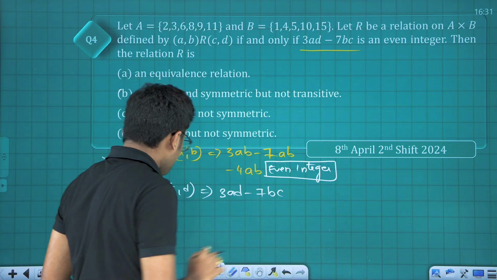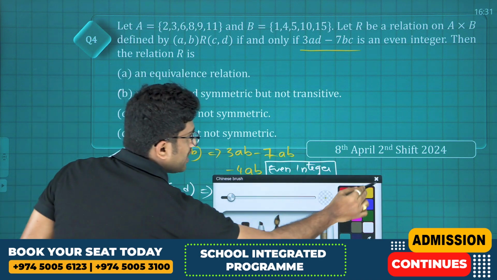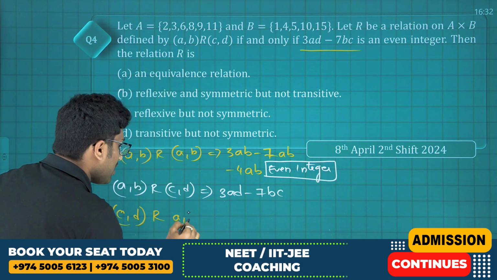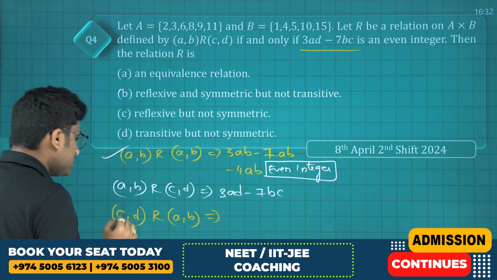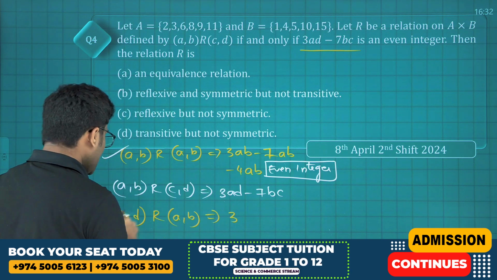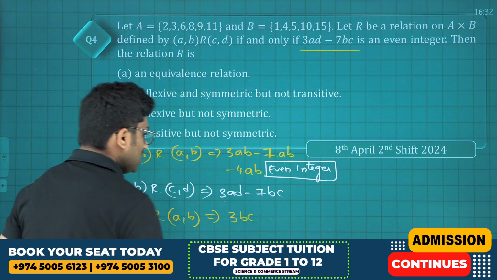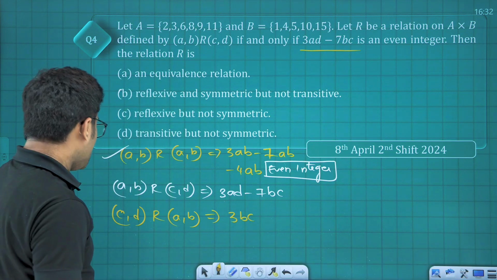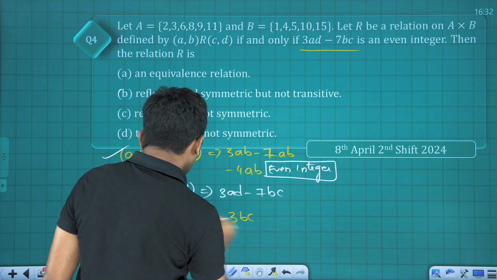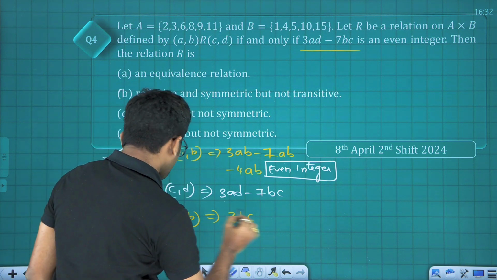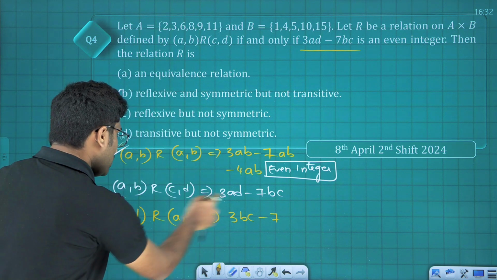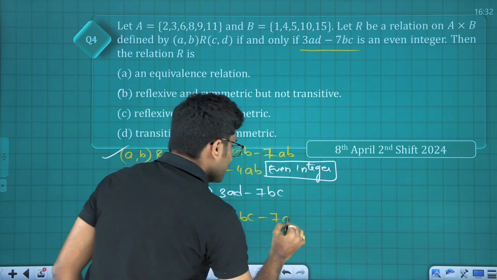Now, what do we have to check? We have to check whether (c, d) is related to (a, b) or not. So (c, d) means it becomes 3BC minus 7AD.